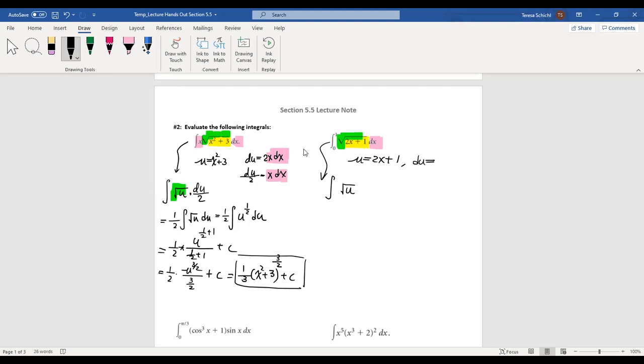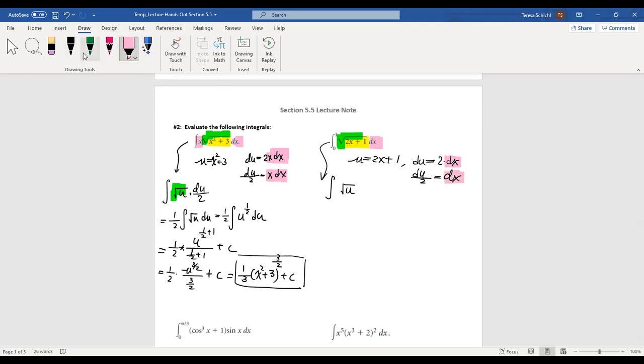So it's du, and the derivative of 2x is 2 times dx. Then you say, okay, I have a dx, and that's what my remaining term is. And then I can just divide by 2. So du over 2 is equal to dx.